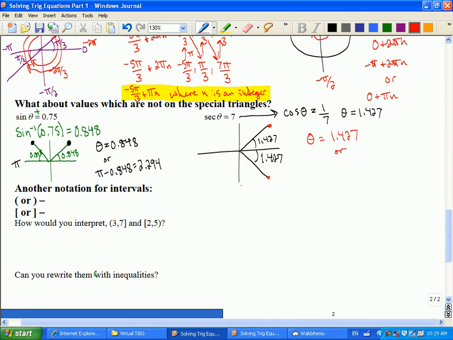The next angle, how am I going to calculate the next one? Yeah. So this is 2 pi over here, so I'm going to take it away. 1.427 there.